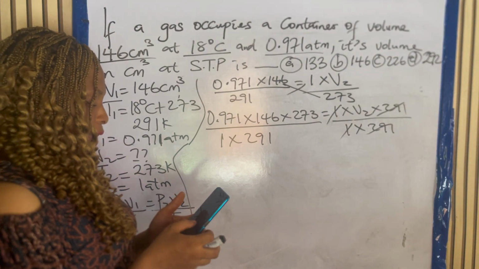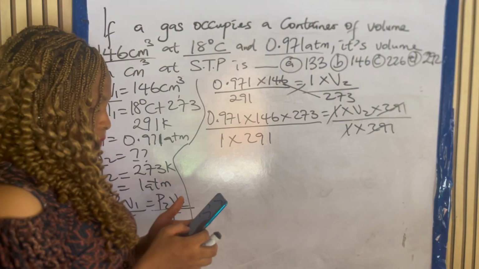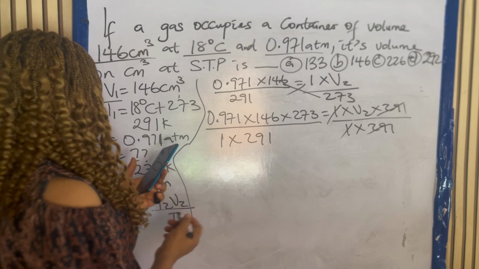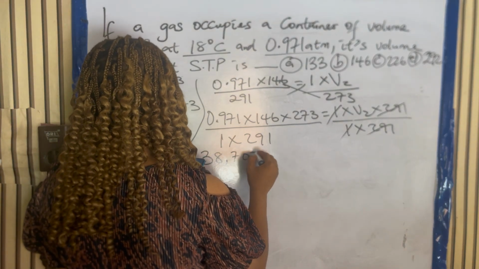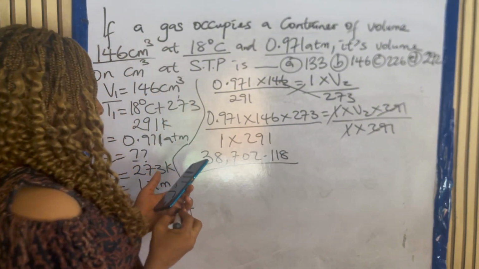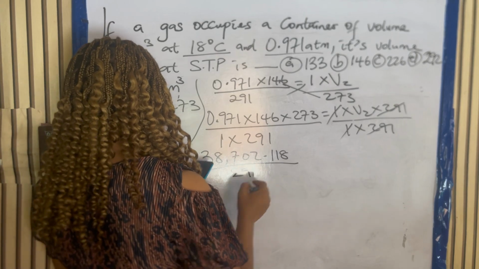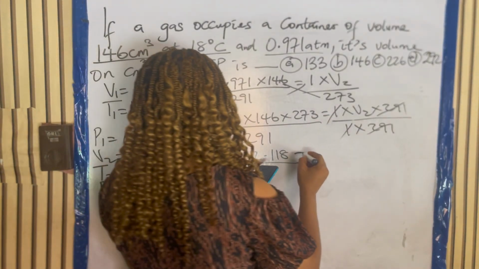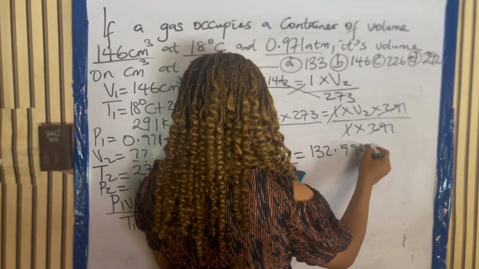Watch. 0.971 times 146 times 273. That will give me 38,702.118, all over 1 times 291, divided by 291, and I have 132.9969.